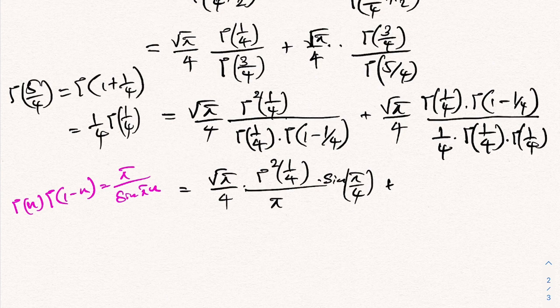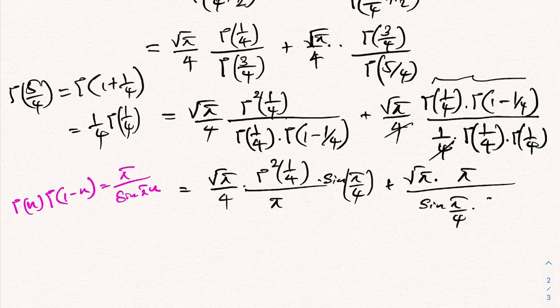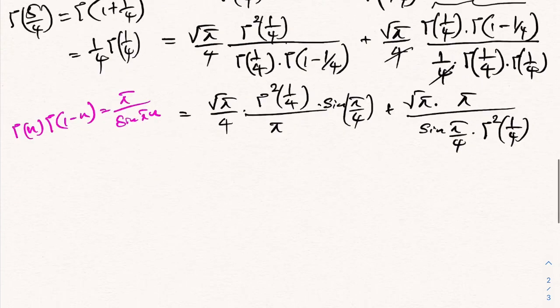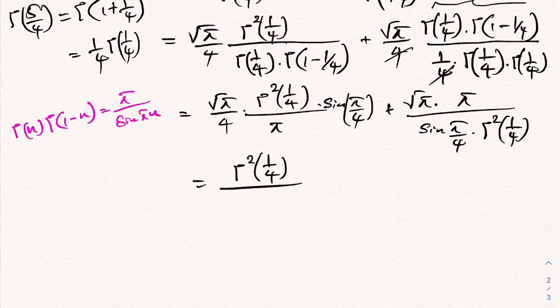Here this 4 gets cancelled. So square root of pi times this part, we can apply the reflection formula. So here pi over sine of pi over 4 times gamma square of 1 over 4. Okay, then we know sine of pi over 4 is 1 over square root of 2. So we have gamma square of 1 over 4, square root of pi gets cancelled.